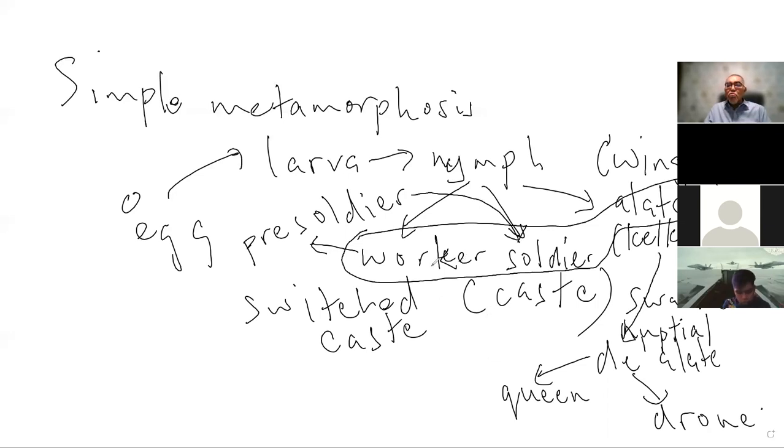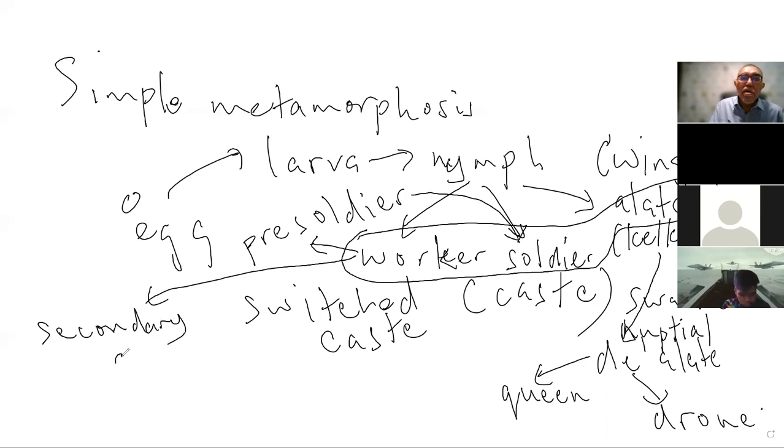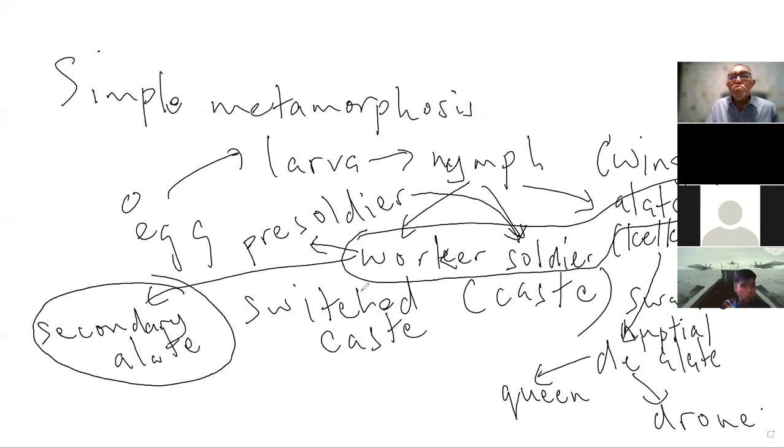Okay. And the worker can actually also transform into a secondary elite. Okay. In other words, reserve. So you have the primary elite, and in some situations, they can actually produce secondary elite from the workers.